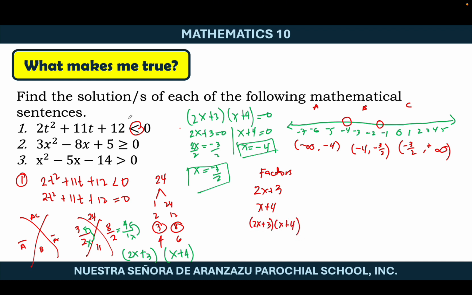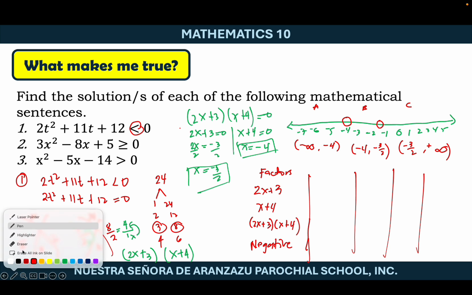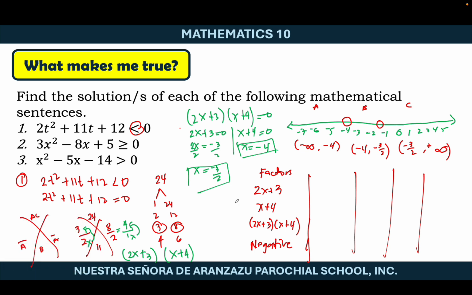Then, ilagay ko ano yung hinahanap. Since less than to, ano ba yung mga value na less than to 0? So, hinahanap natin is negative. Then, gumawa ng 3 column for the regions, for each region. Okay? So, negative 8 and negative 4. So, this is for the region A, region B, region C.